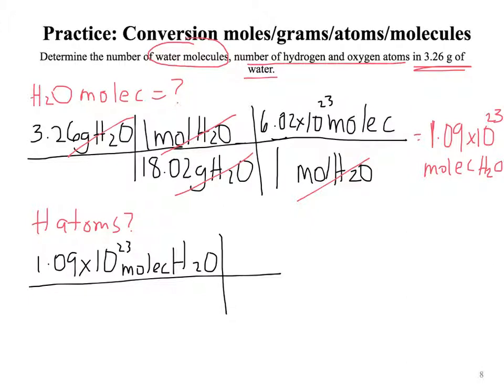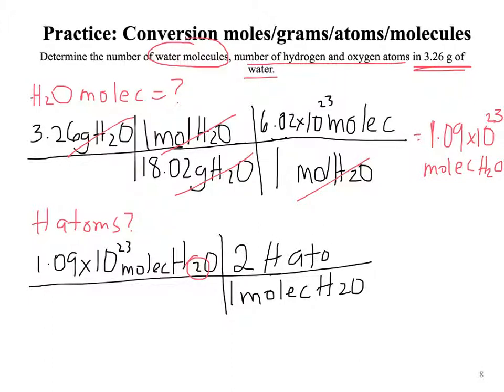For every 1 molecule of water, I have a total of 2 H atoms, hydrogen atoms, because water is 2 hydrogens for every 1 oxygen. So what happens is my molecules of water cancel and I'm left with H atoms, which is what I want.